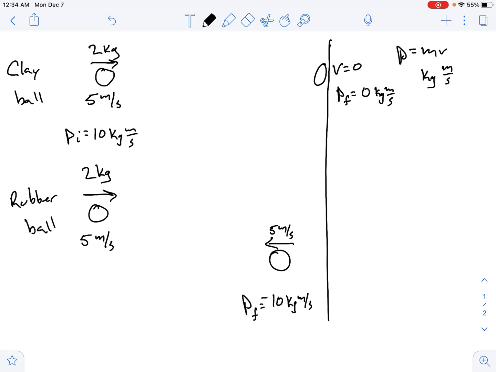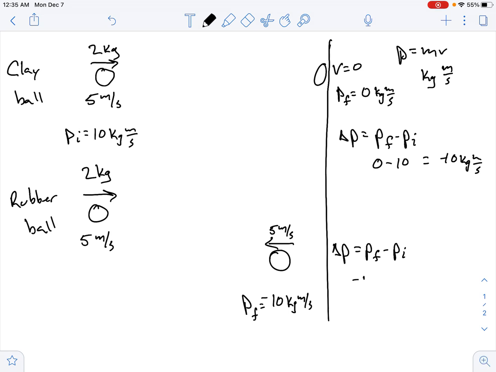That's incredibly important. If we look at the change in the momentum of the two objects, delta P is equal to P final minus P initial. For the clay ball, that is a 0 minus 10 for a delta P of negative 10 kilogram meters per second. But now think about the rubber ball. Delta P is equal to P final minus P initial.